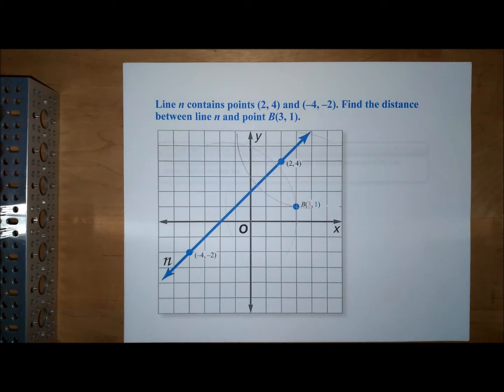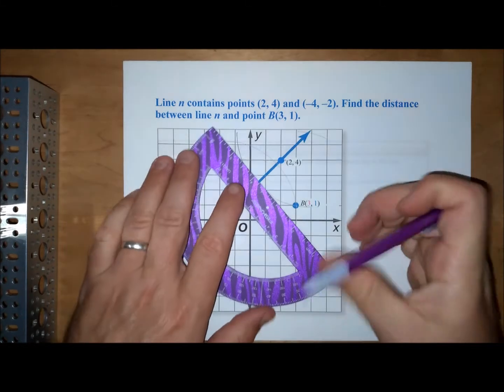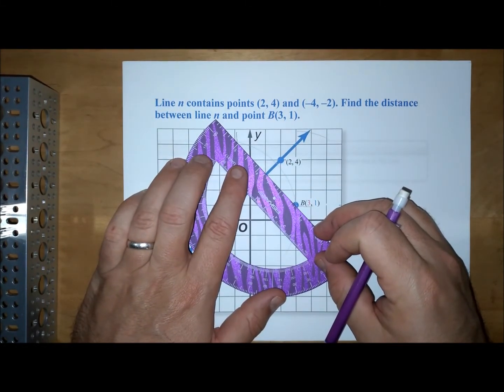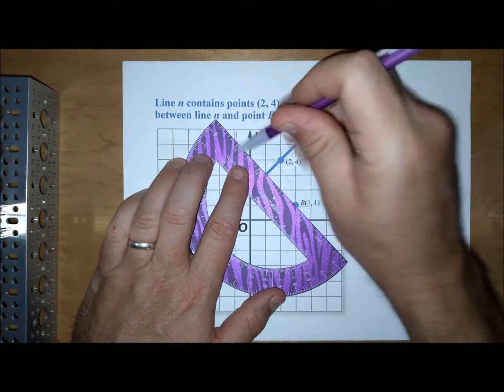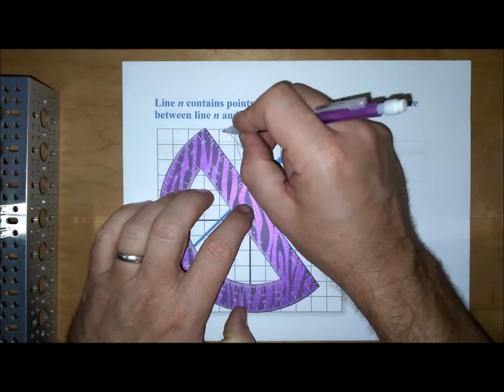So now we've got those two arcs and where they intersect. We can connect those intersecting points and just end up with a perpendicular line. Okay, and hopefully you can see that there. All right, so we end up with that line.